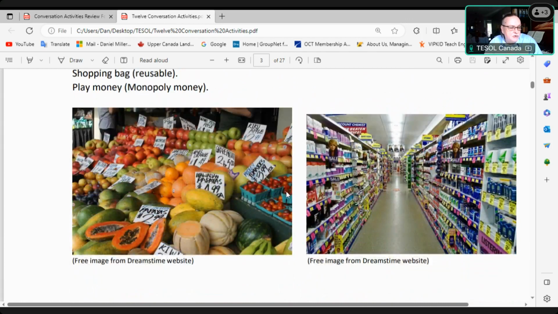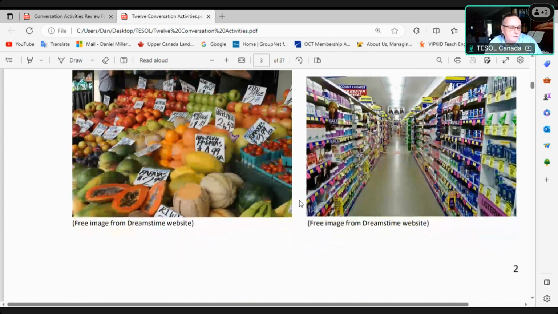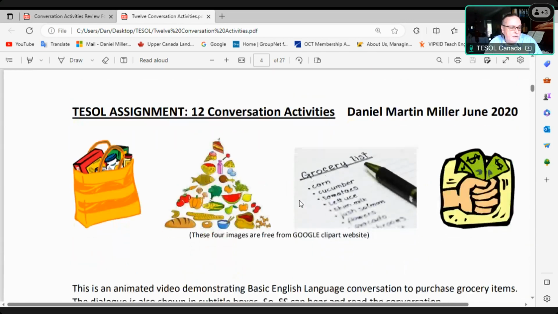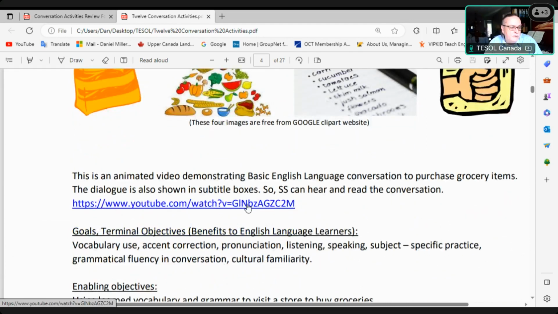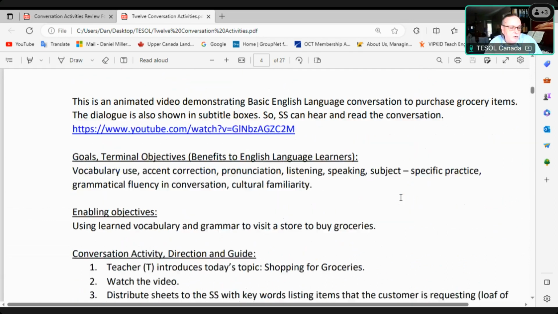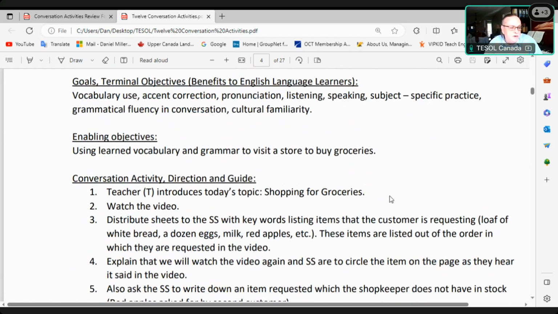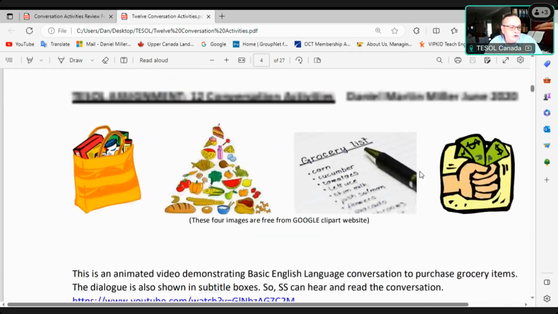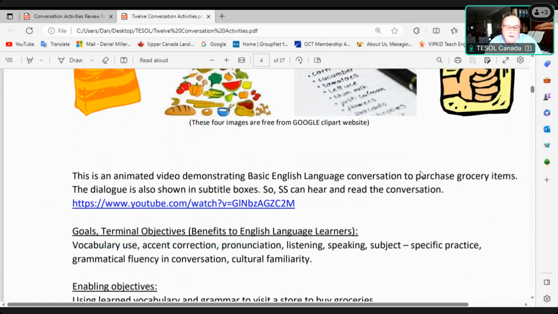And then I've got pictures that I went to the internet and found related to grocery shopping. And I even have a video link here that is about shopping and people buying groceries. So we want to see you put pictures and video links into your lesson plans, because that will make the lesson plan very complete. Okay?